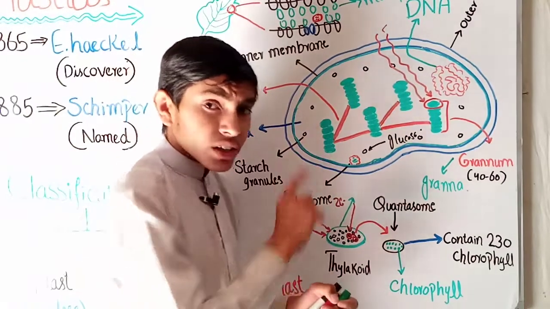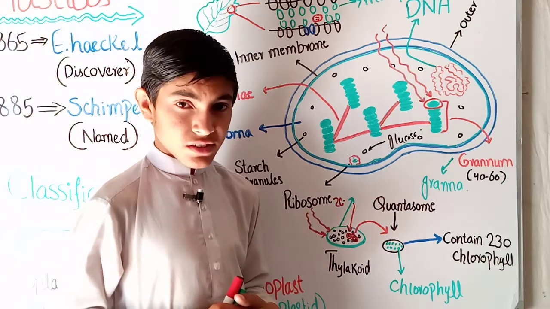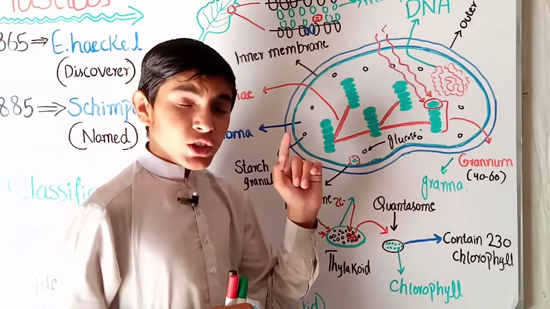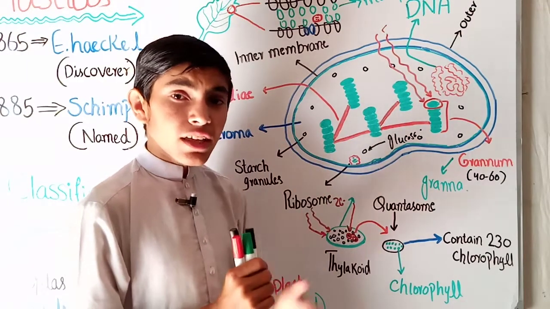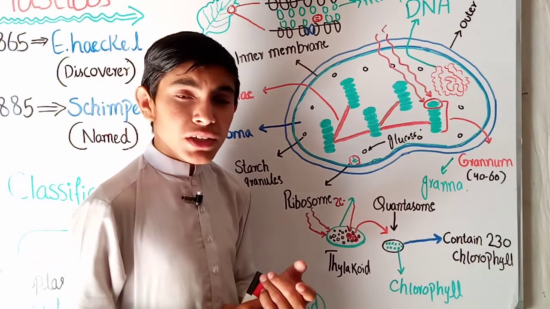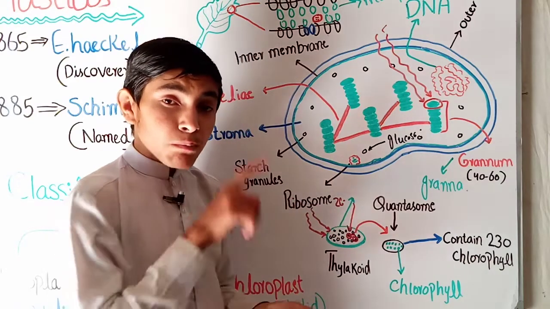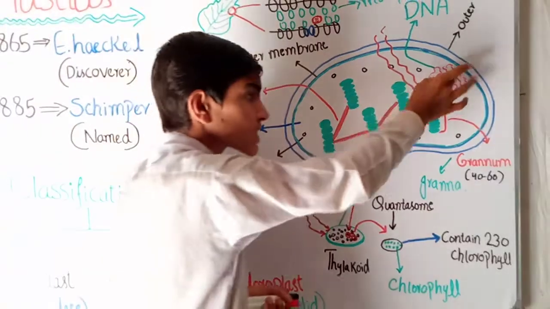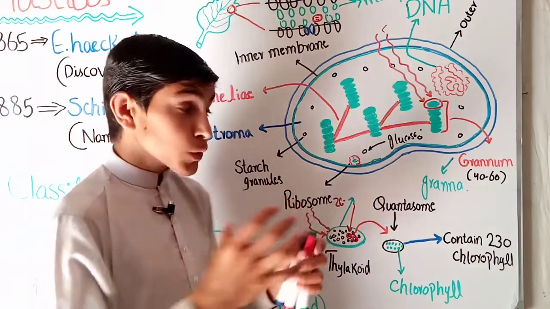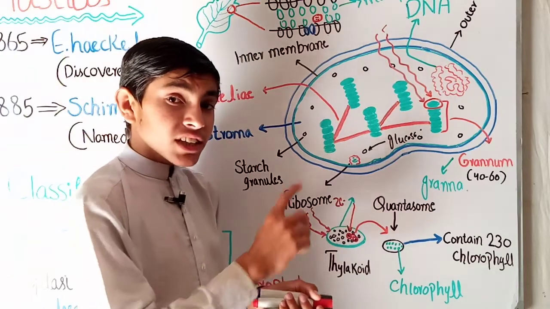Mitochondria use their DNA for what? For ATP synthesis, meaning for catabolic activities. Mitochondria use their DNA for respiration. When cellular respiration is going on, meaning when aerobic respiration is going on, at that time mitochondria use their DNA to synthesize ATP from the breakdown of glucose synthesized by the chloroplast, and that is for catabolic activities.